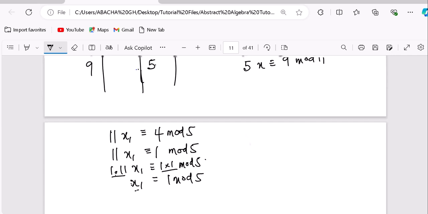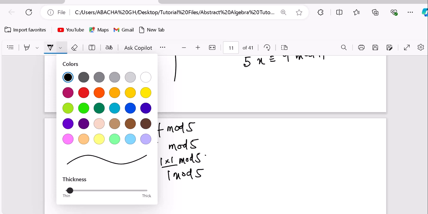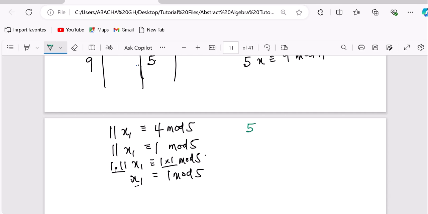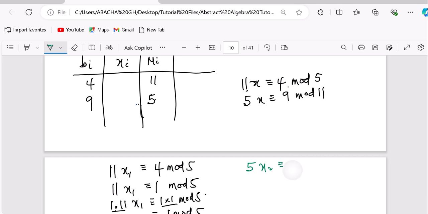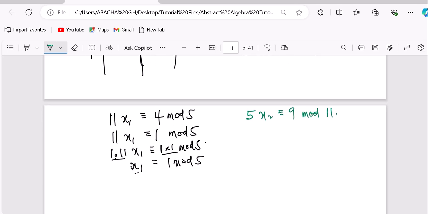Then we take the other one and write it as 5x2 is congruent to 9 mod 11. So I'm looking for a number such that when I multiply it by 5 mod 11, I'll get 9.